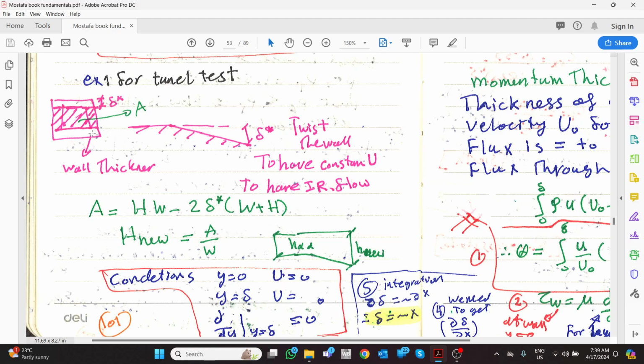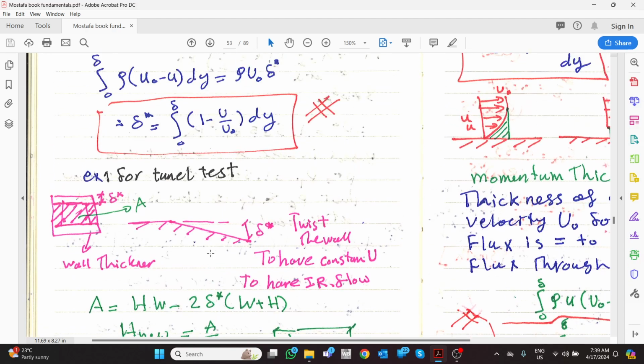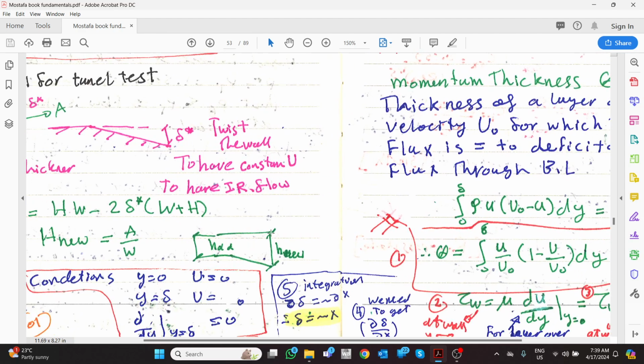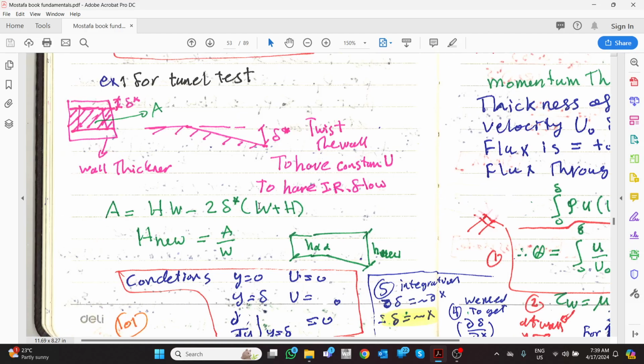You will add the displacement thickness up and down, so you will have more area, so you can write what your total head is. It is just to identify it, okay?